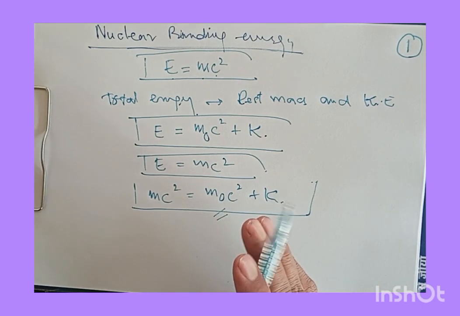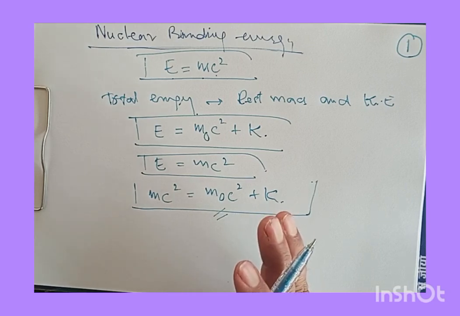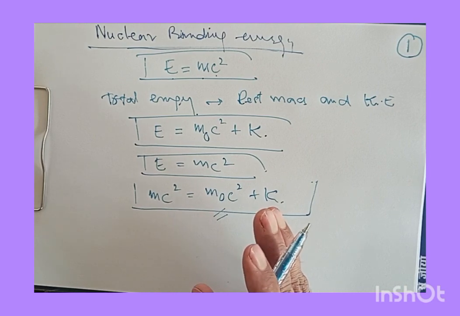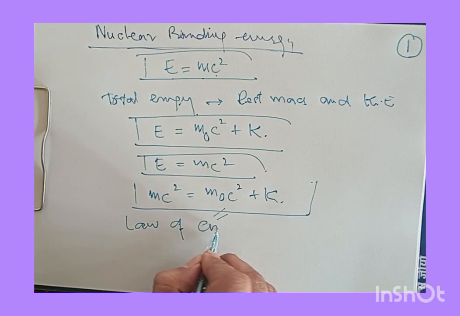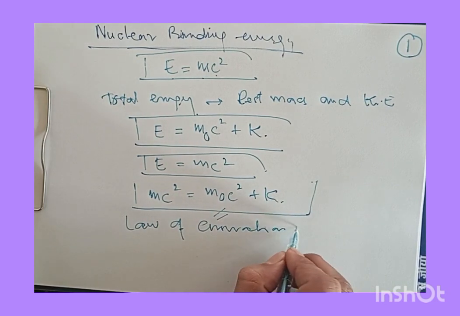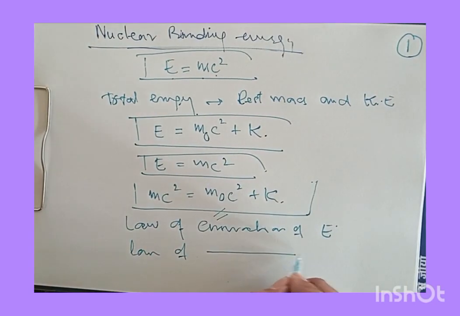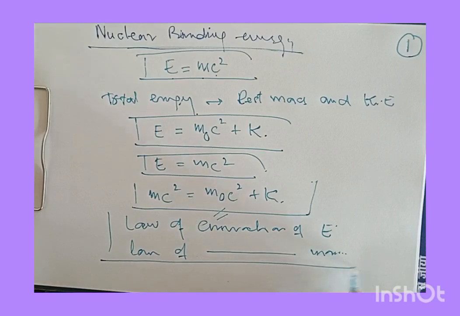And this equation merges two principles. One is the law of conservation of energy, and another is the law of conservation of mass. These two things are incorporated into a single law of conservation of total relativistic energy.